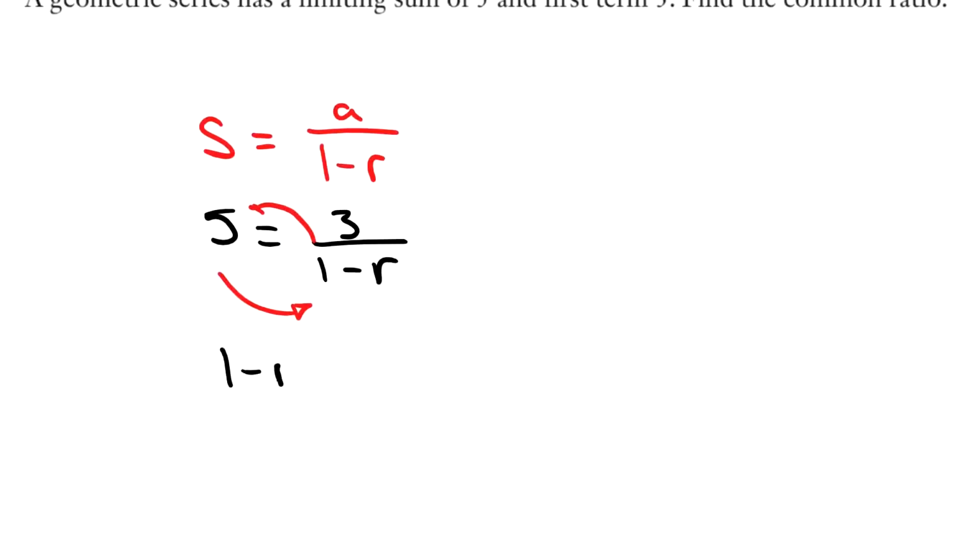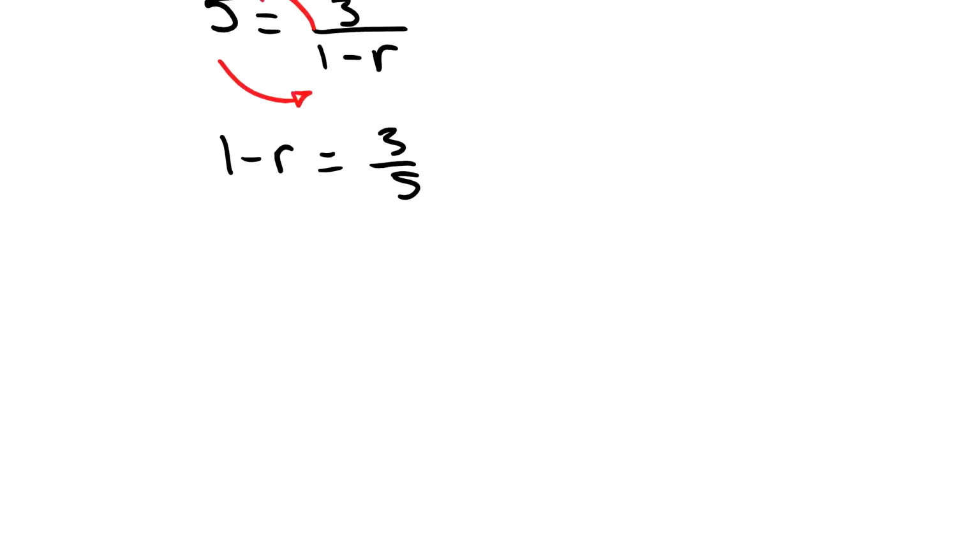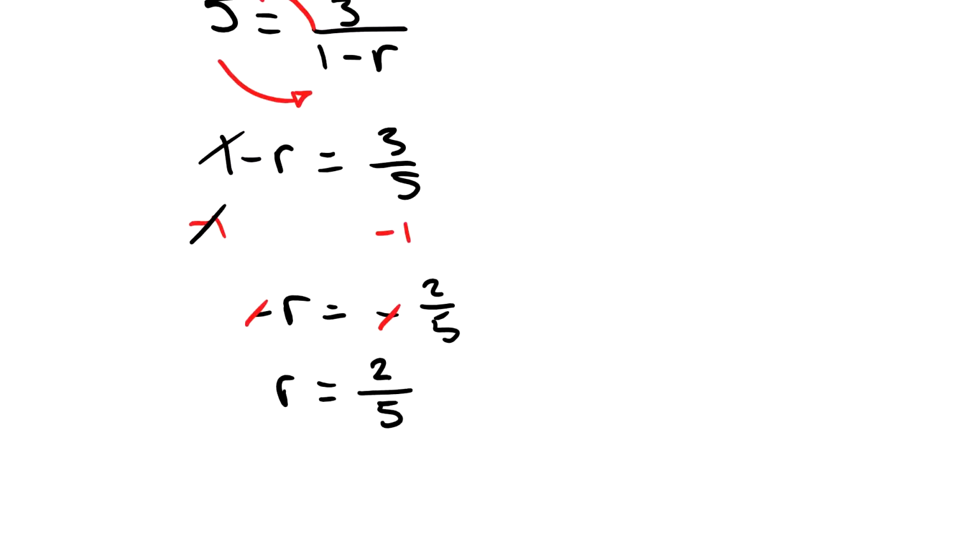So we get 1 minus r equals 3 over 5. So minus r will equal, and because there's negatives on both sides, we'll cancel those out. So the common ratio is 2 over 5.